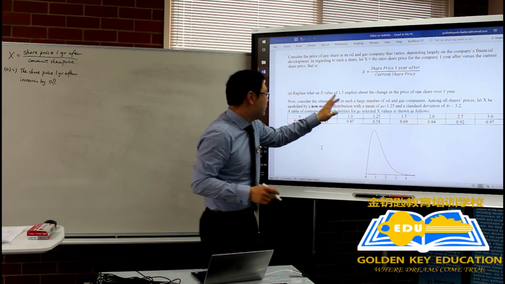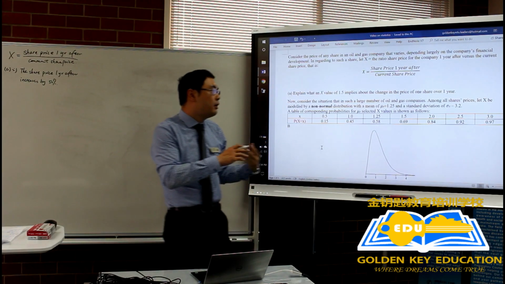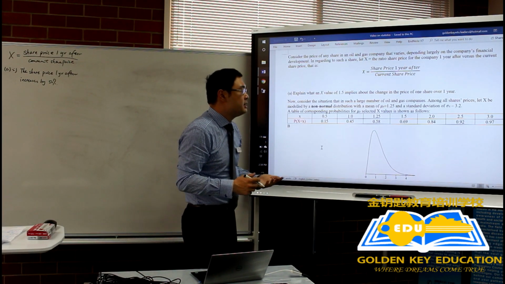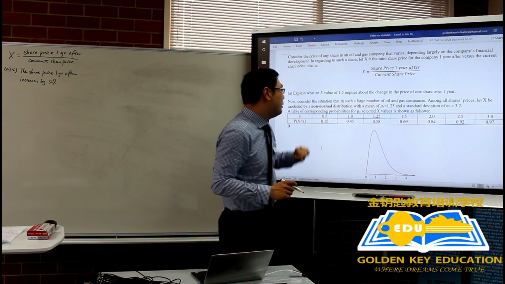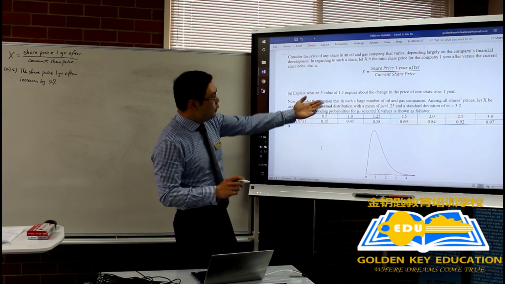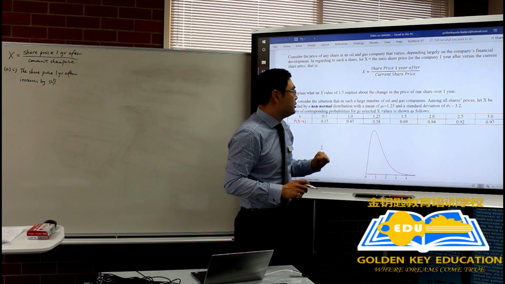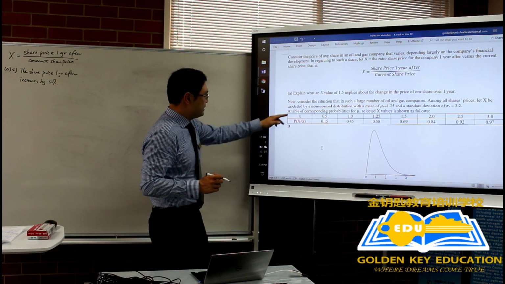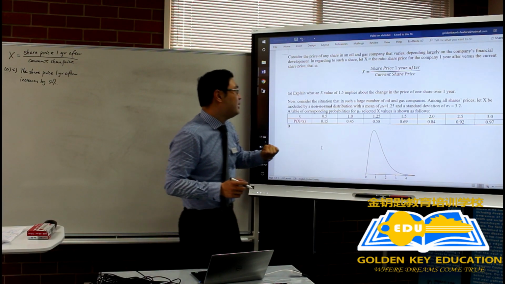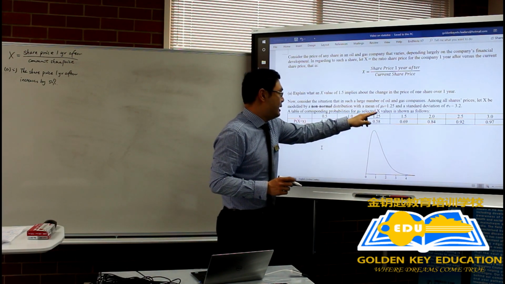Now consider the situation that in such a large number of oil and gas companies, among all share prices, we let X be modeled by a non-normal distribution with a mean value of 1.25 and a standard deviation of 3.2. We have a table of corresponding probabilities for selected X values.